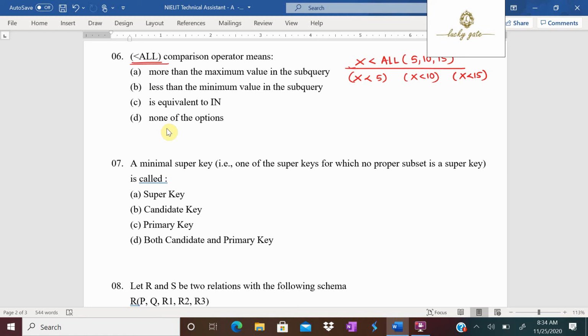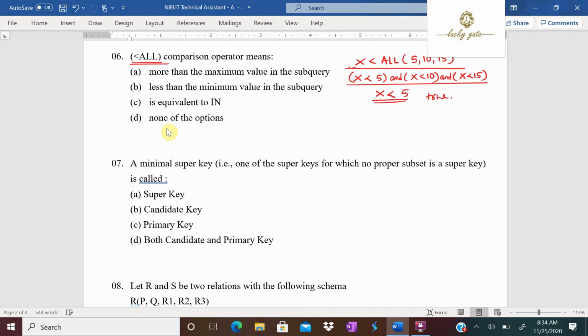It means x is to be less than 5 and 10 and 15. It simply means that x is to be less than 5 to be true always.